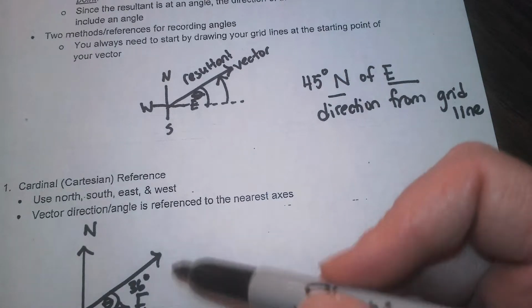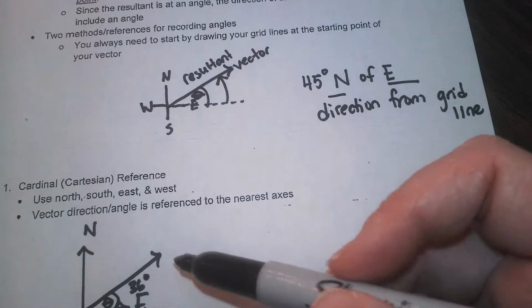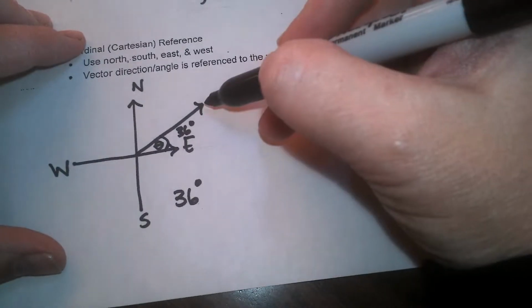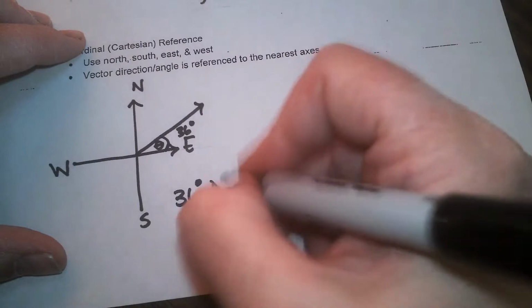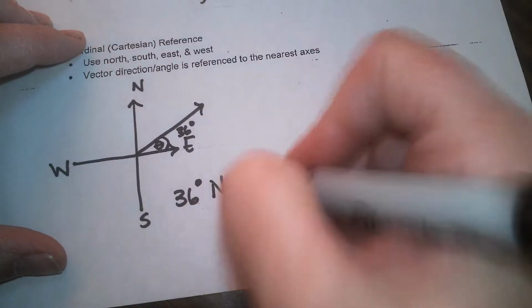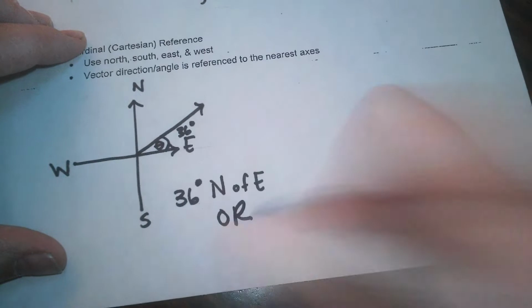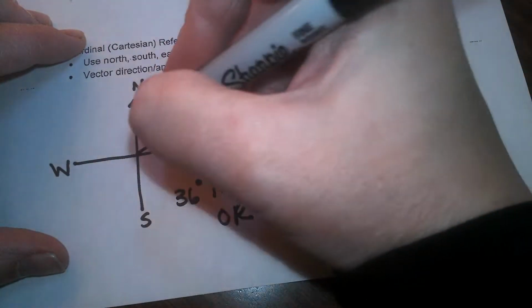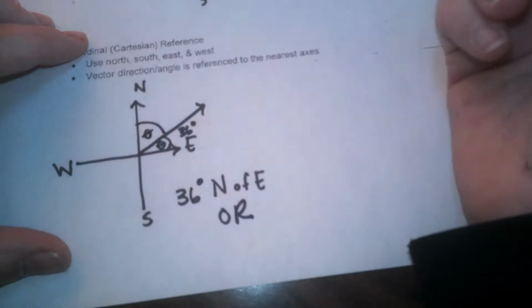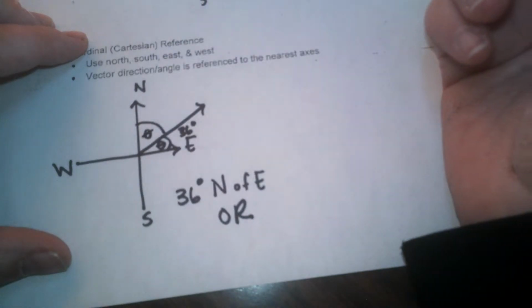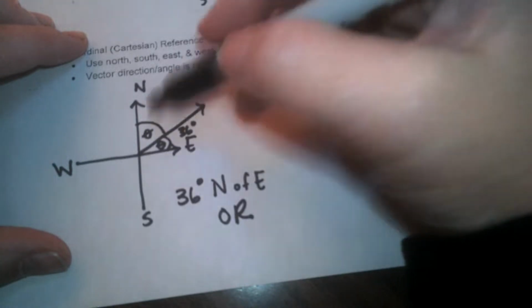Which way am I going from east? North. North of east. Or I can look at this angle here. And what angle would that be? If this angle is 36, what angle is this?